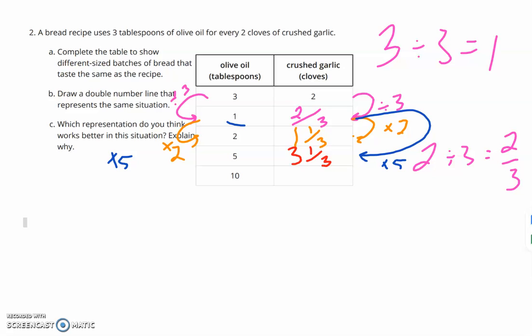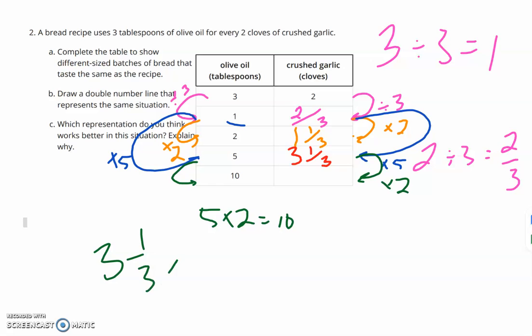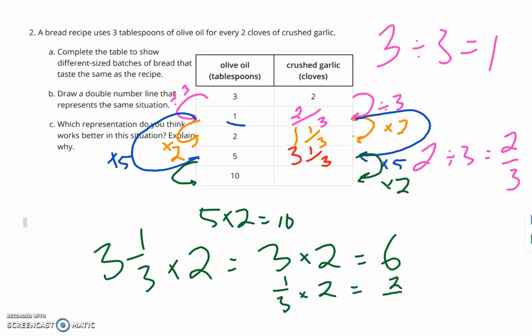I know that 5 times 2 is 10, so I'm going to do 3 1/3 times 2. 3 1/3 times 2 is like 3 times 2, which is 6, and 1/3 times 2, which is 2/3. So I end up with 6 and 2/3.